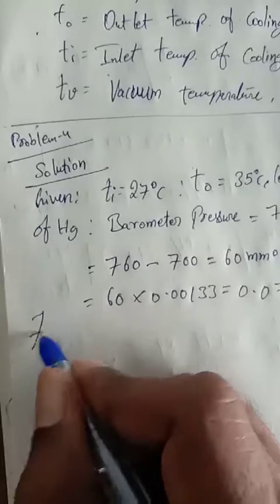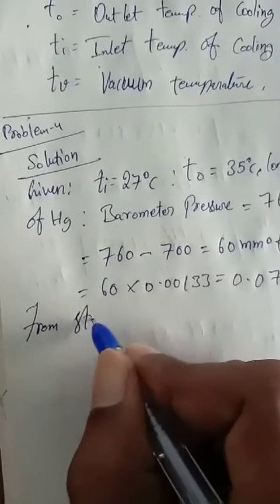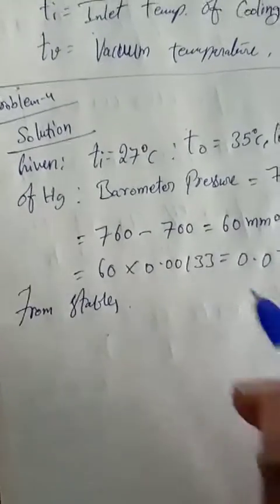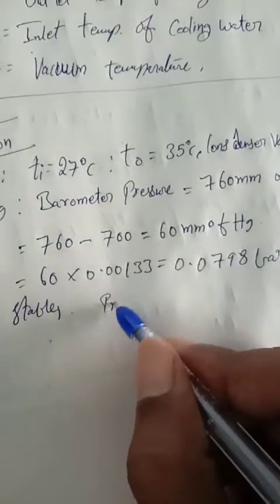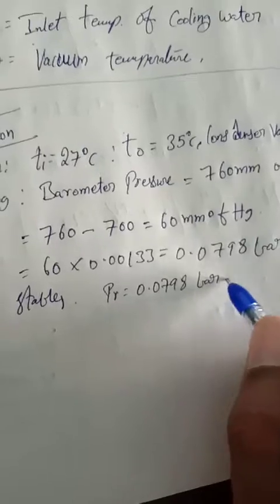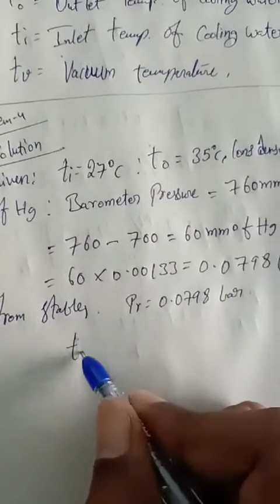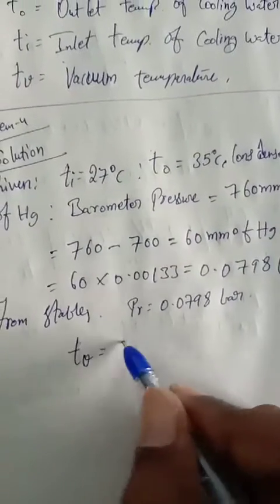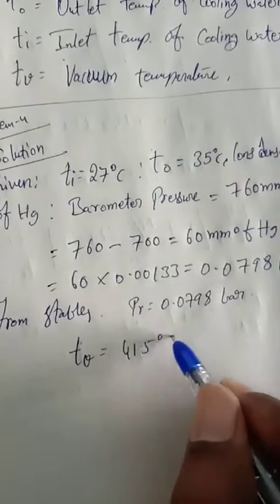So we go to steam tables. From steam tables, corresponding to pressure 0.0798 bar, we find the vacuum temperature Tv is equal to 41.5 degrees Celsius.